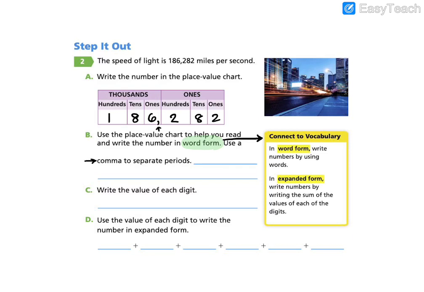Just like we use the comma in the chart, as we write those periods out, we'll put a comma. So for this first period here, we have 186,000, and we want to write out that whole thing with words. Okay, so I got to the end of that period. Now I have a comma, and I'll write out my period here, 282.